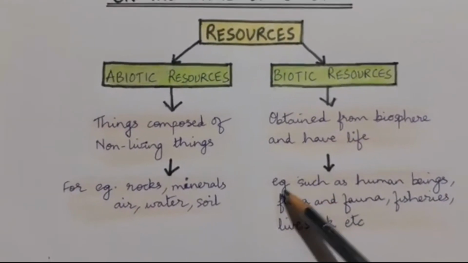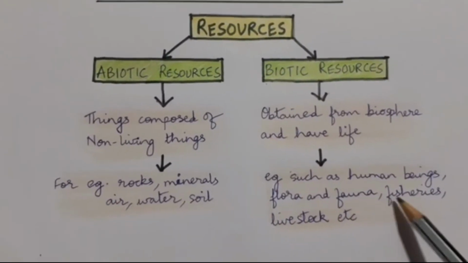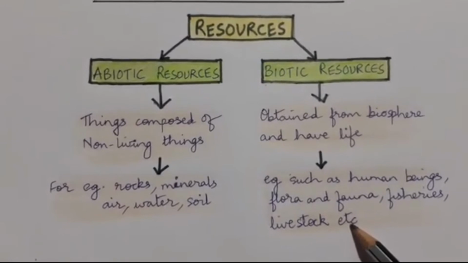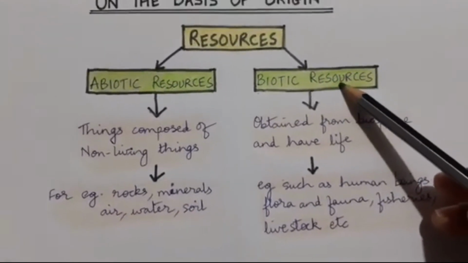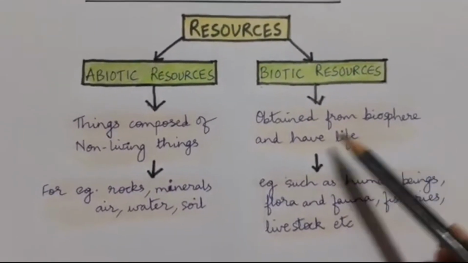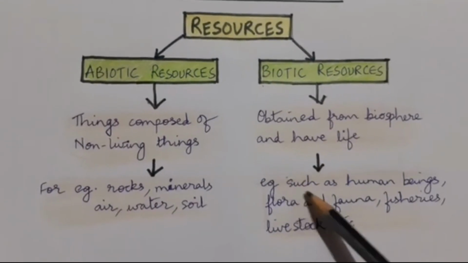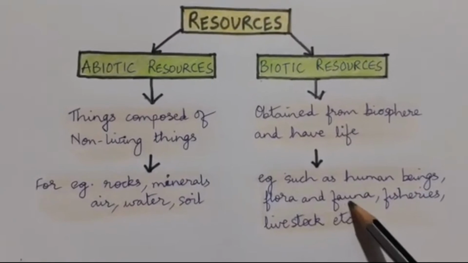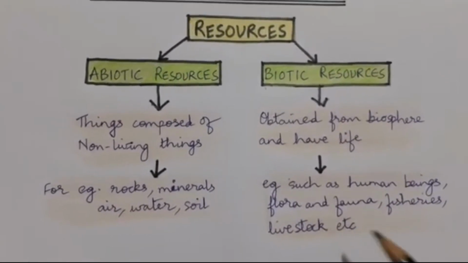For example, human beings, flora and fauna, fisheries, livestock, etc. So, we can say biotic resources are those which are obtained from biosphere and have life, such as human beings, flora and fauna, fisheries, livestock, etc.